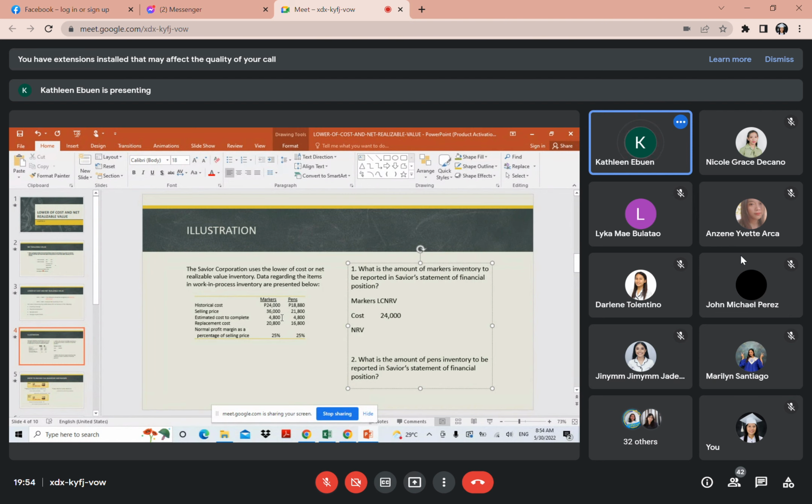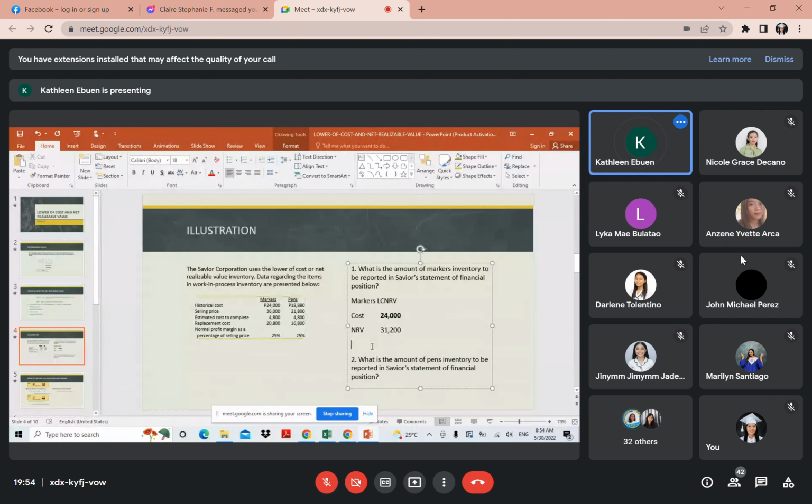Magkano ito? 31,200. So mas mababa si cost, so therefore i-record natin siya at cost. Yung replacement cost tsaka normal profit margin, hindi po siya ina-account when we apply the LCNRV. So ini-ignore na lang natin itong dalawa.